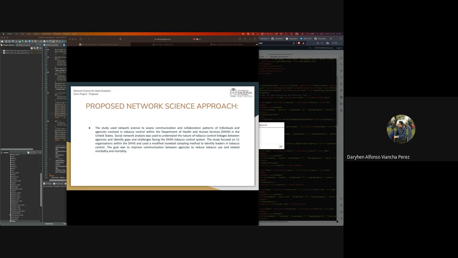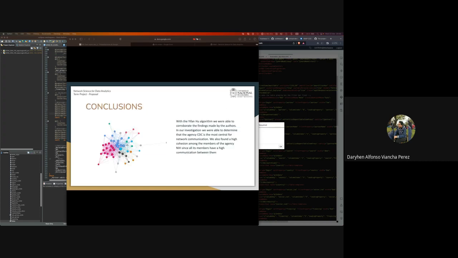We found high cohesion in communication between the members of each agency, with large numbers of members and high communication between them. In dark blue we see the CDC agency, and in pink we see the other members.